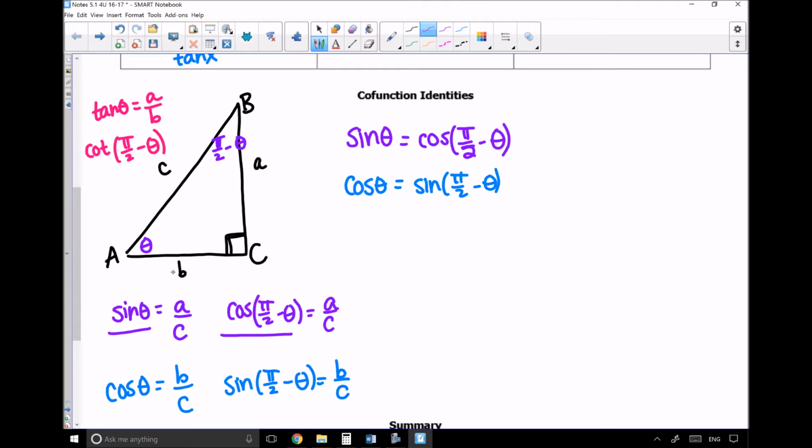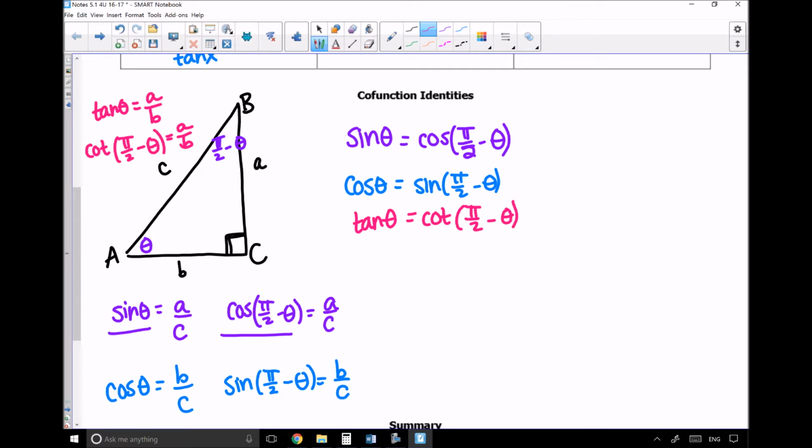And remember, cotangent is adjacent over opposite instead of opposite over adjacent, so it's going to be A over B as well. So I can also conclude that the tangent of theta is equal to the cotangent of pi over 2 minus theta.